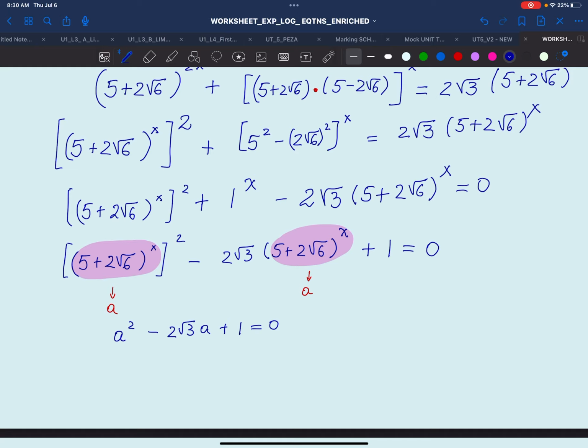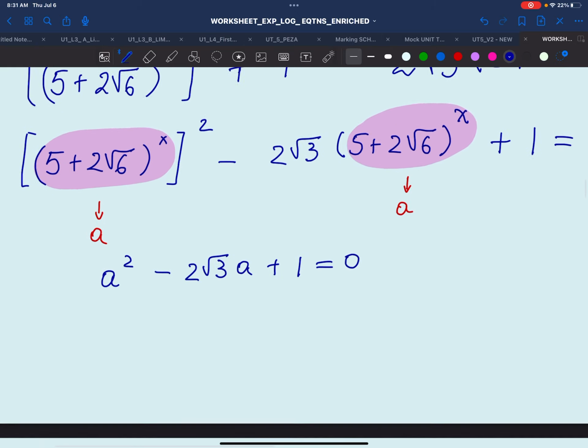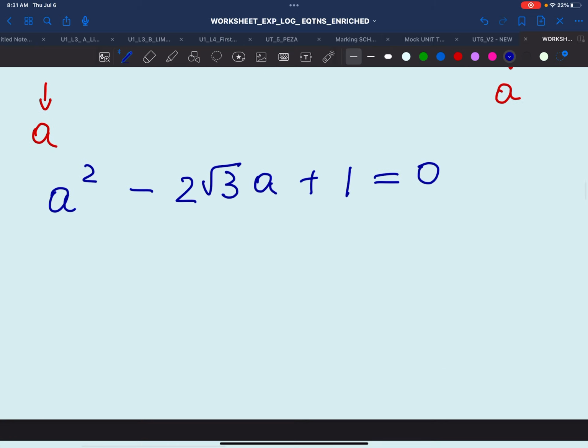Now, obviously, it's not a traditional classic quadratic equation. It has radical coefficients, but it's not unsolvable. We can easily use the quadratic formula.